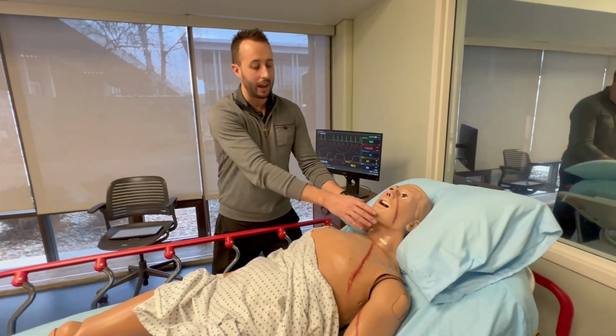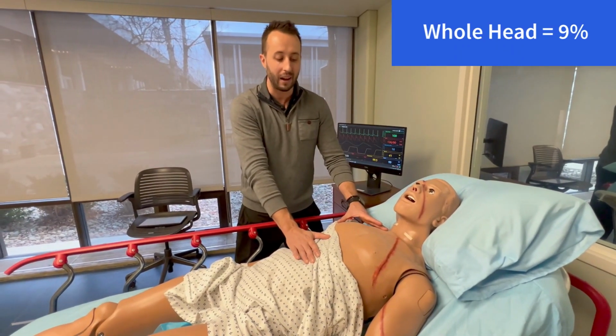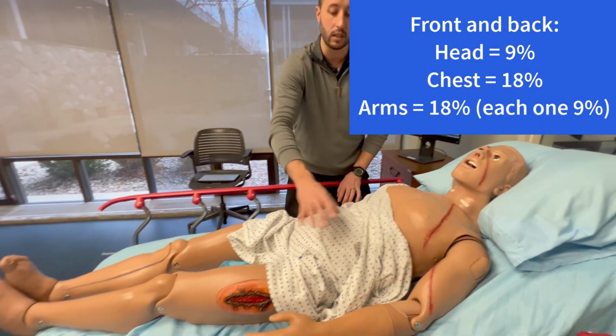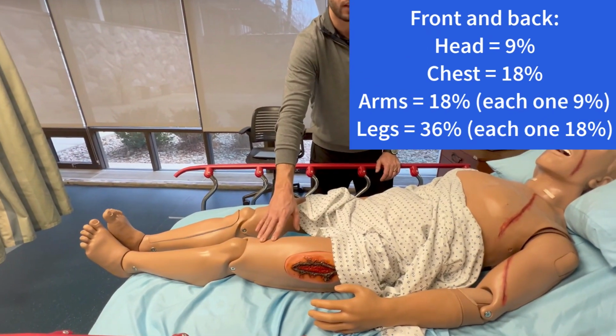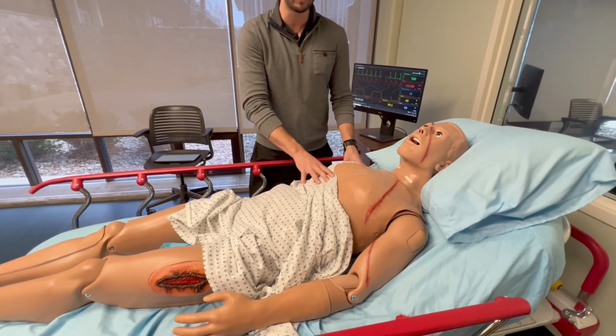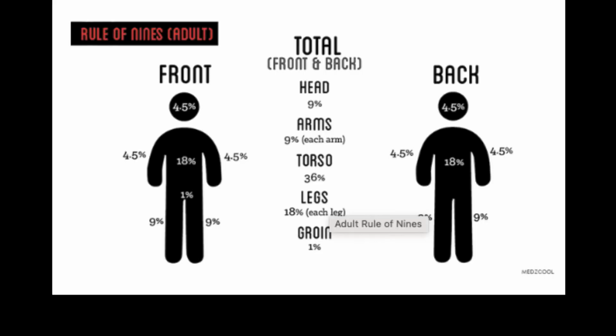In the body, the head makes up about 9% of the actual body. In the chest, we make up about 18%. Each of the arms make up about 9%, and each of the legs make up 9%. So let's do a more accurate evaluation of how much of the body is actually damaged.